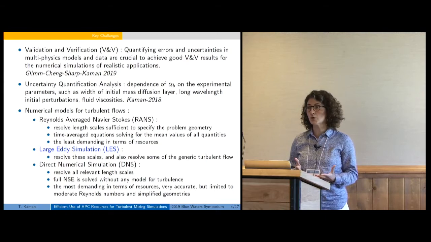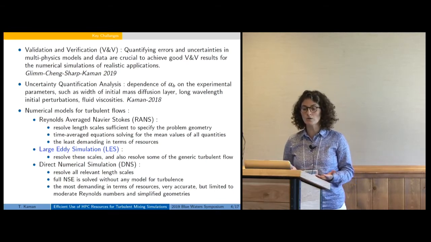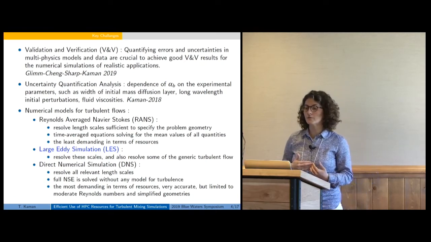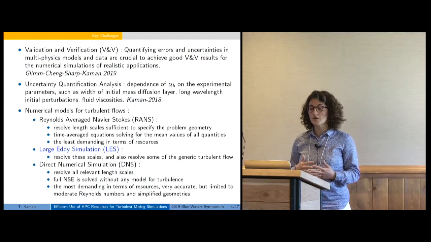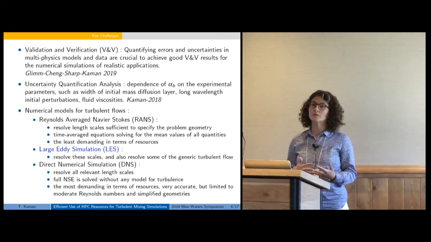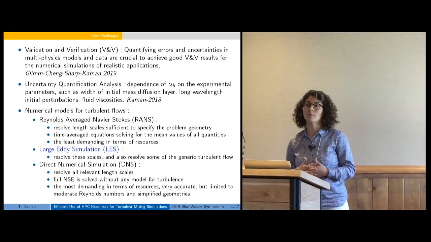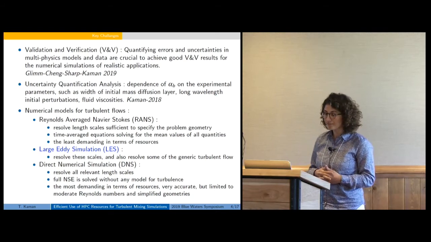When it comes to the third modeling, which is the direct numerical simulation, it resolves all relevant length scales. So when we look at these three different numerical models, the least demanding in terms of resources is the Reynolds-averaged Navier-Stokes, whereas direct numerical simulations are the most demanding in terms of resources.